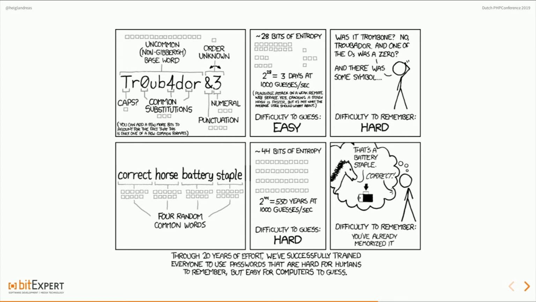But due to its sheer length, it takes much longer to guess that password and to compute that in a brute force attack. But most of you already have memorized it. So that's cool. So you probably shouldn't use that password, but something like that. And it really is so much easier to remember such a phrase than this. Where did I have to put the 4 in Troubadour?